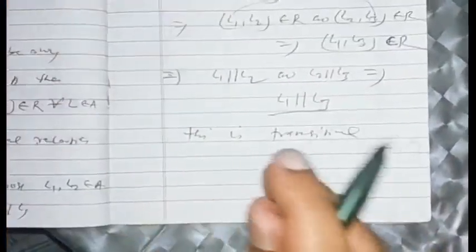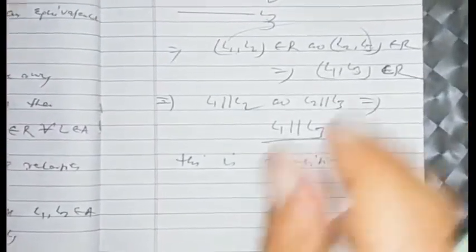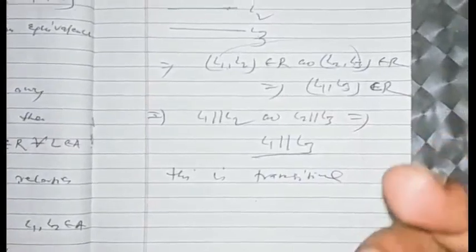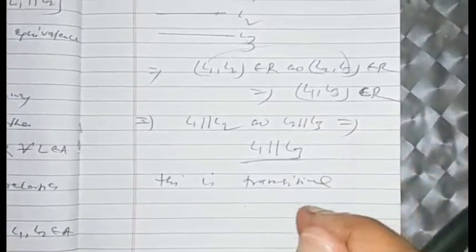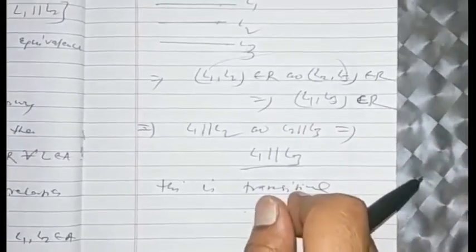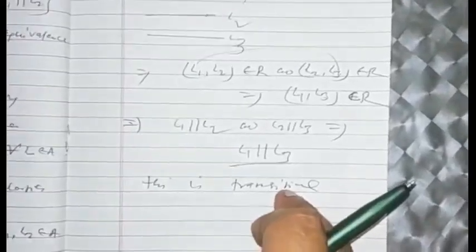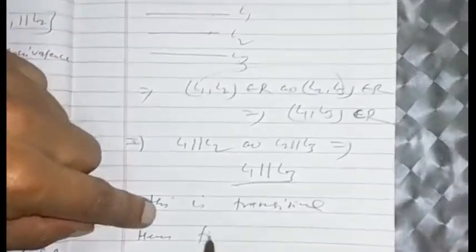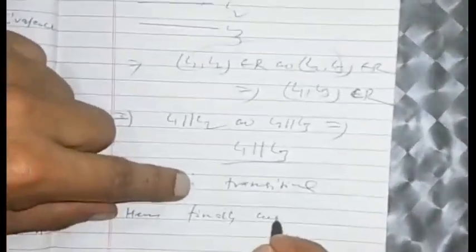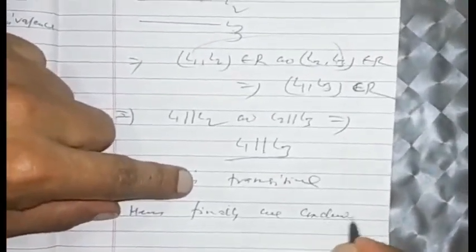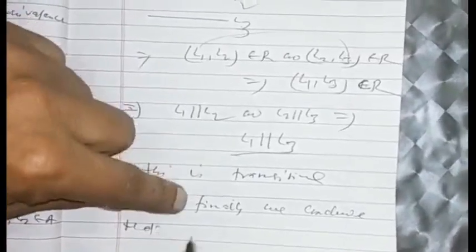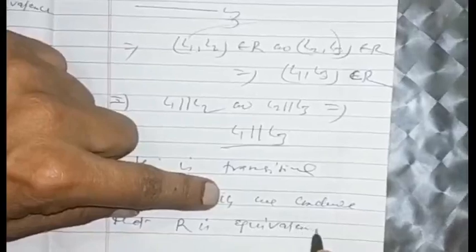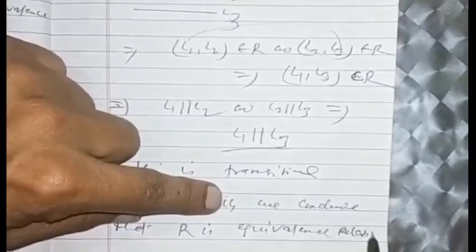Hence we conclude that a relation which is reflexive as well as symmetric and transitive must be an equivalence relation, and finally we conclude that R is an equivalence relation.